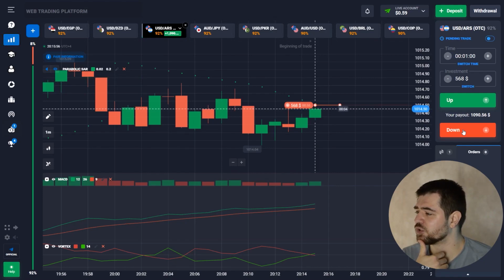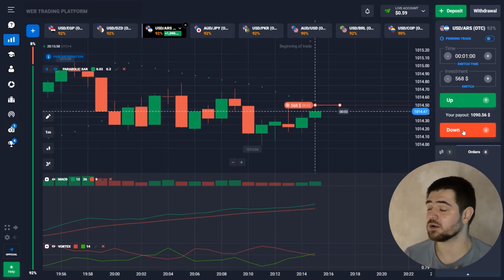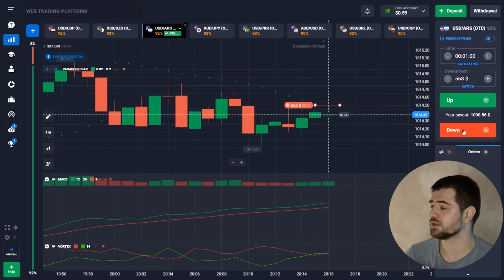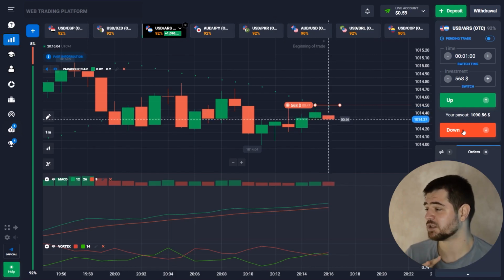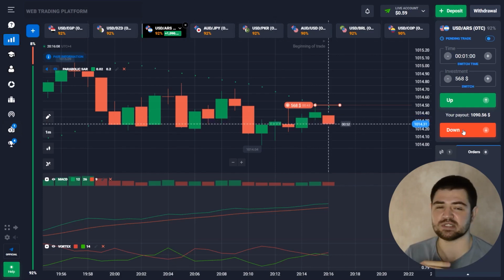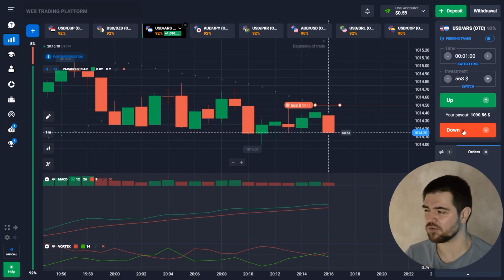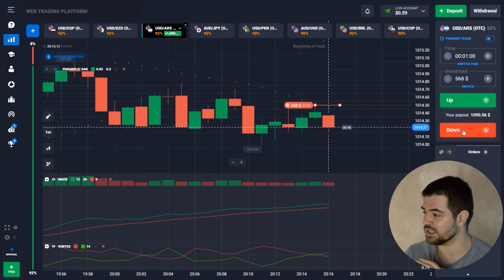So we go into short and try out the SAR. The parabolic SAR, dotted line in this case, worked as a resistance level from which we could bounce off, and this is what I actually did.